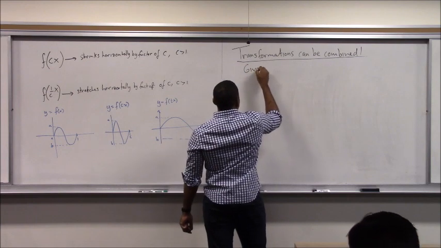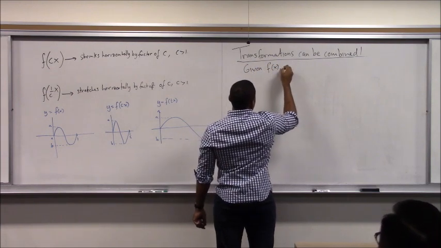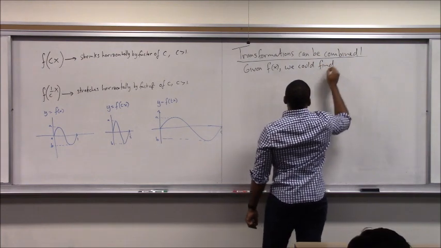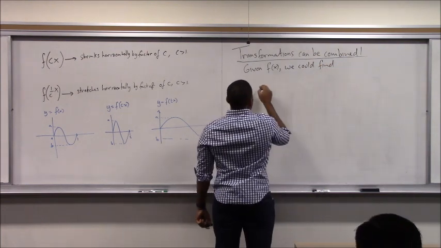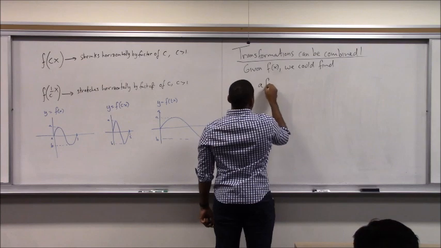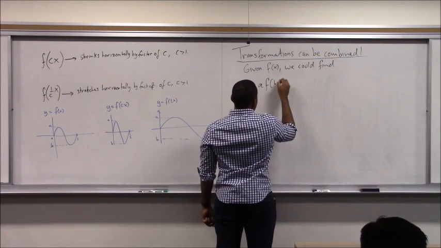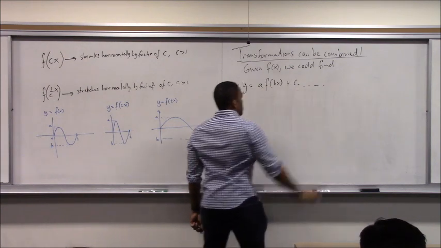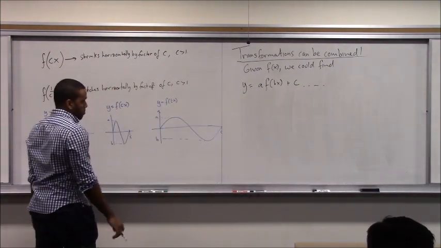So given f of x, we could find something like a f of bx plus c, or something like that, doing multiple of these transformations all at once.